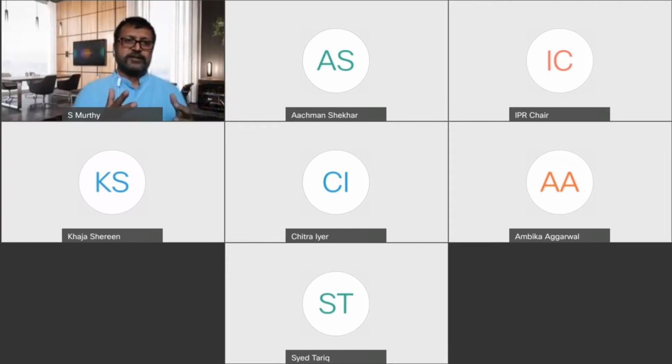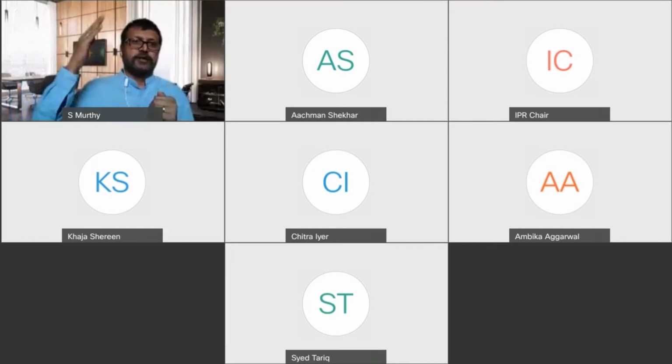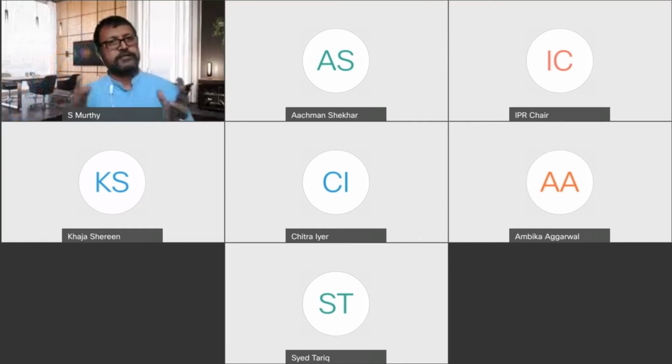So standard settings organizations thought about it. They started realizing that there could be issues with standard essential patents and the behavior of the companies, or the behavior of the members. There are several examples which have gone to the apex courts of the countries, wherein the problems are stated.